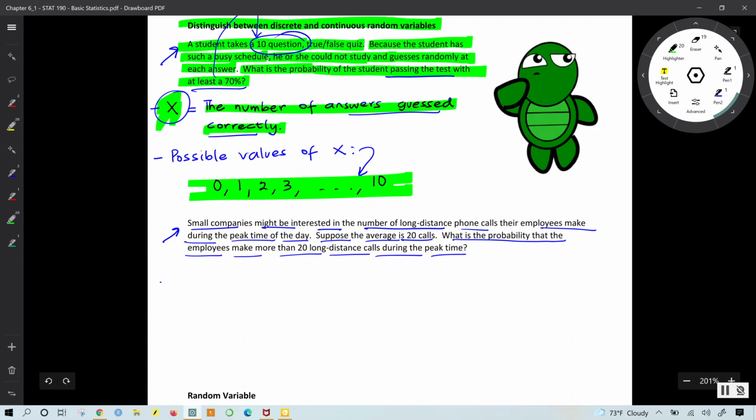This time, arbitrarily, I'm going to let the variable of interest be y. And as you might reckon, it will be the number of long-distance phone calls that employees in this small company make during the peak time of the day. This is equal to our y. That is the definition of the random variable of interest here.